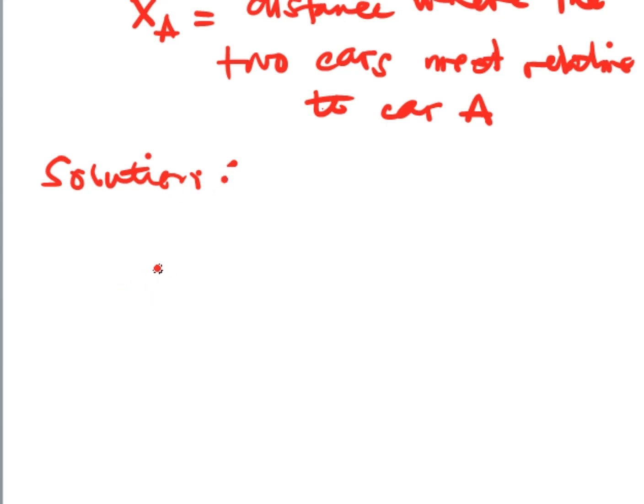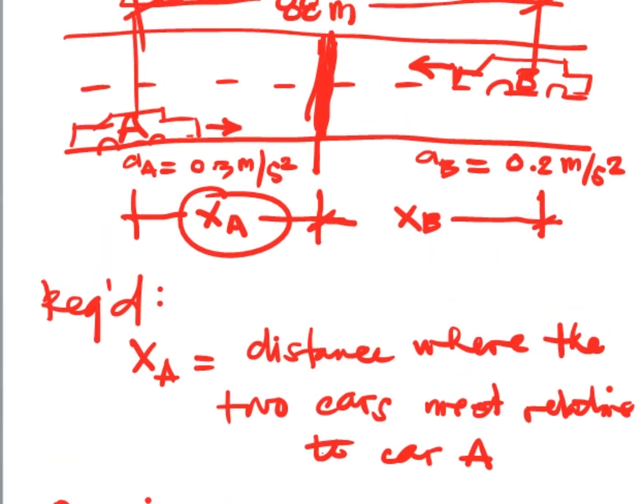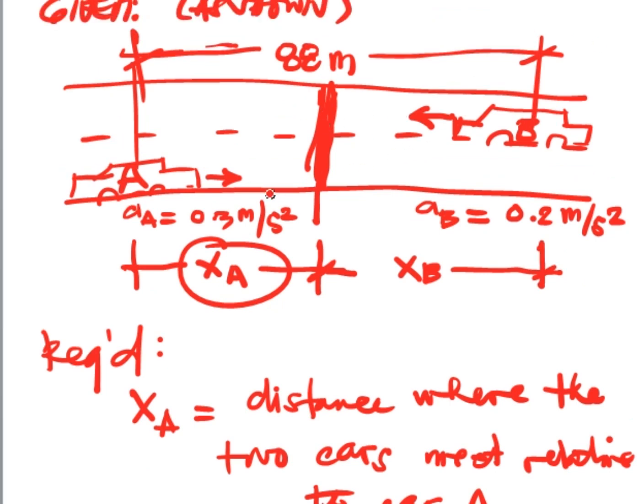Okay, solution. If we try to analyze the problem, both of these cars start from rest. So the time it will take for car A to reach this point is also equal to the time for car B to travel.